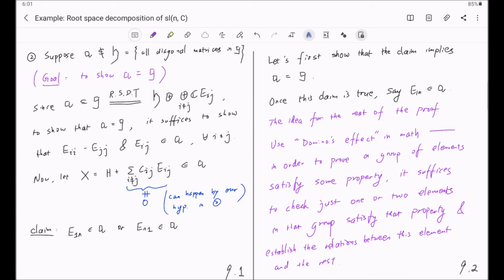And in this proof, we're going to just start with E sub 1n in A, and we'll use the Lie bracket relations of those E sub ij's to show that all the other E sub ij's are also in A. And we are also going to prove that all the E sub ii minus E sub jj's are in A, from which we'll be able to conclude that A is equal to G.